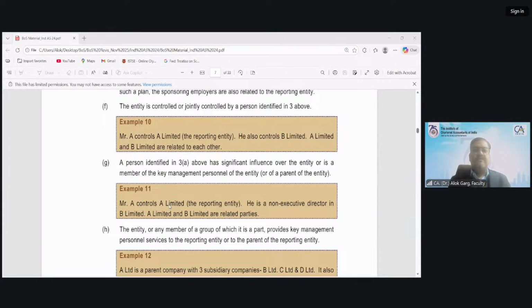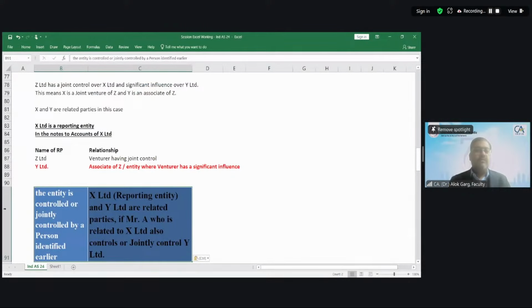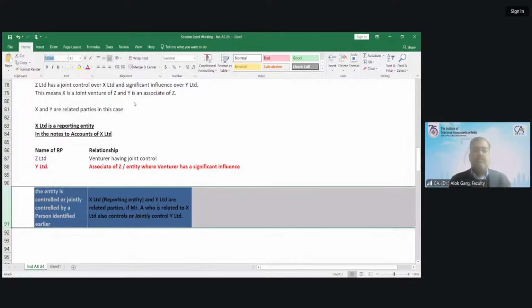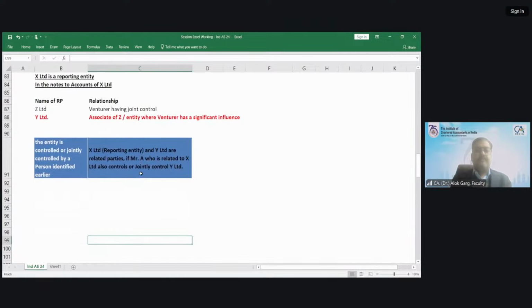I hope the Excel file is visible. Is it visible now? Okay. So let's say, examples.